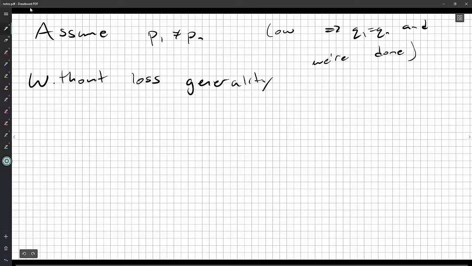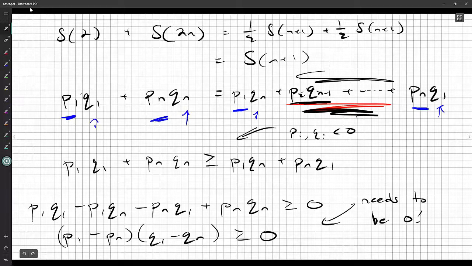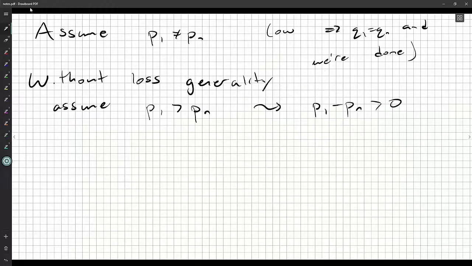So without loss of generality, assume, because if they're not equal, one of them's got to be bigger, right? So if P1 is greater than Pn, that would mean that P1 minus Pn is positive. So I want to show that Q1 minus Qn can't be positive as well. And then you wouldn't get this, you'd get only equal to 0, and we'd be all set.